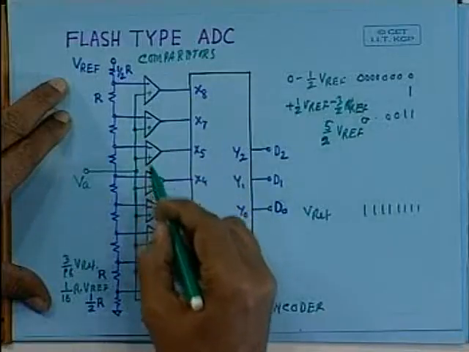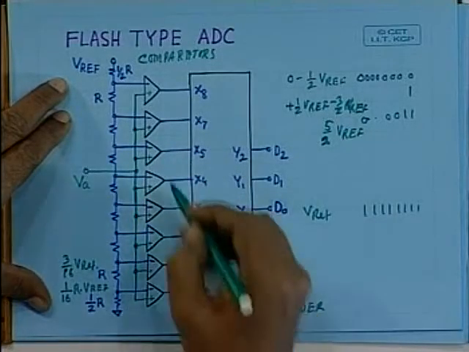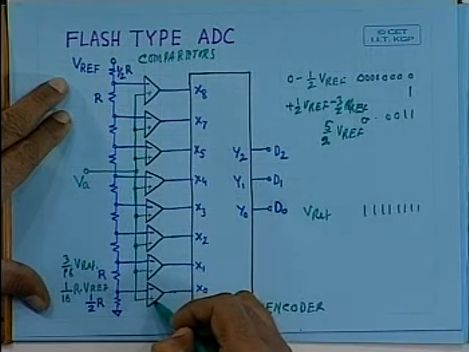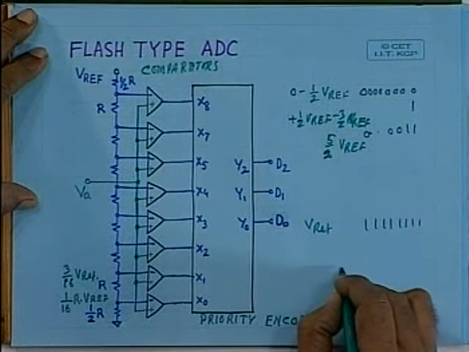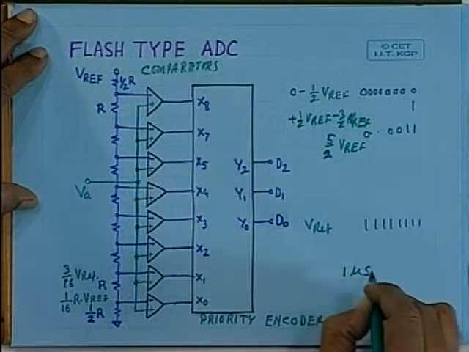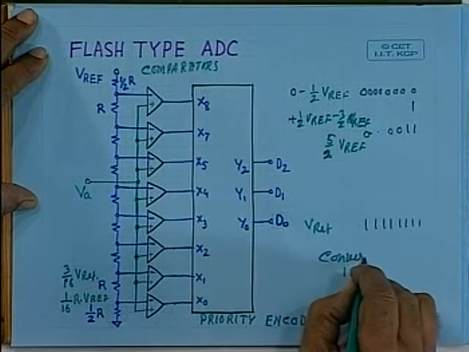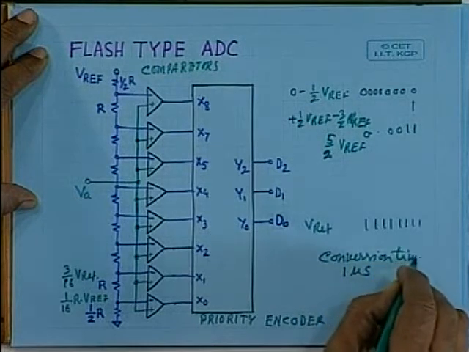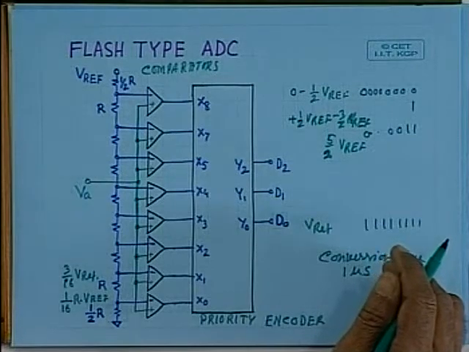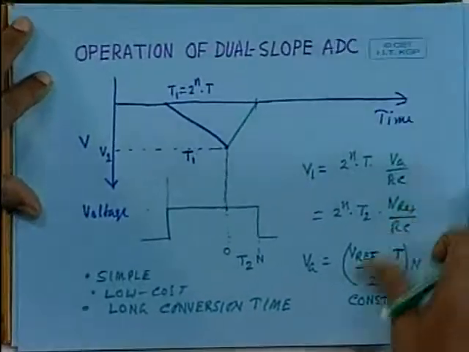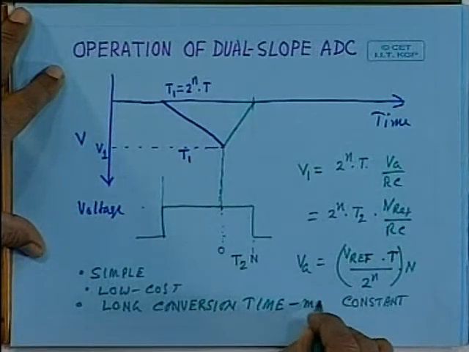And you may be asking why it is called a flash AD converter. The reason is, as you can see, these devices, this priority encoder, the comparators, are pretty fast devices. So the conversion time in this particular case can be as small as 1 microsecond. On the other hand, in case of your dual slope AD converters, the conversion time can be of the order of millisecond.